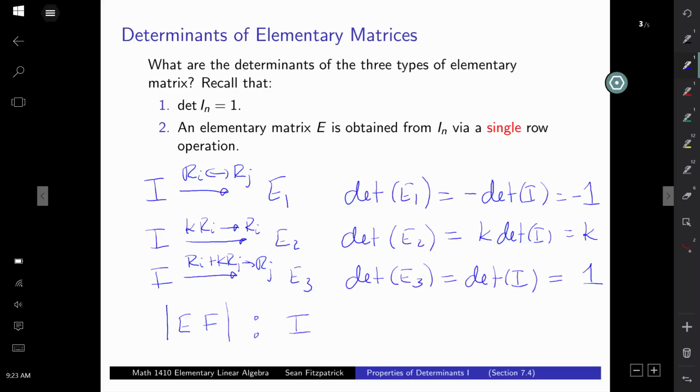I start with I, okay? I do some sort of row operation, which gets me to F. I do the row operation used to create F. Then I do the row operation used to create E, and that gets me to E times F, right? And how does the determinant change? So the determinant here we'd have determinant 1.